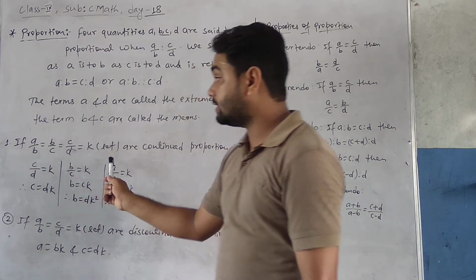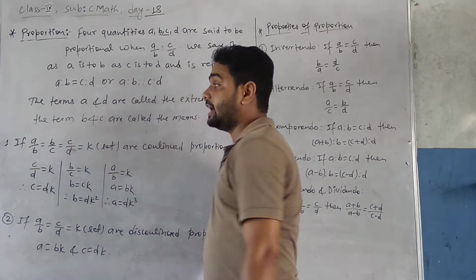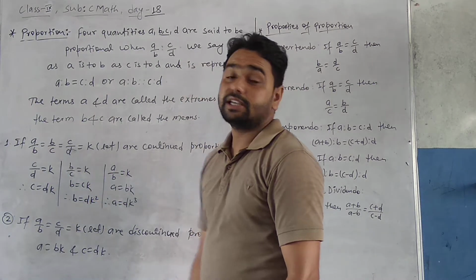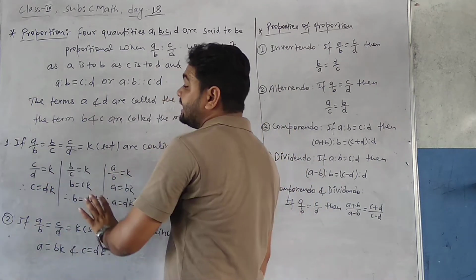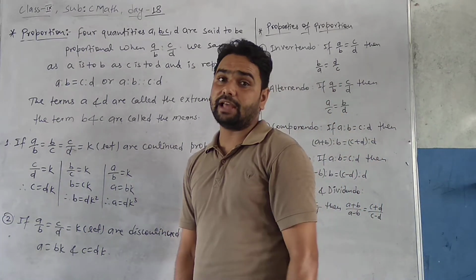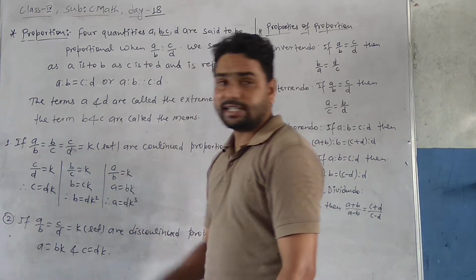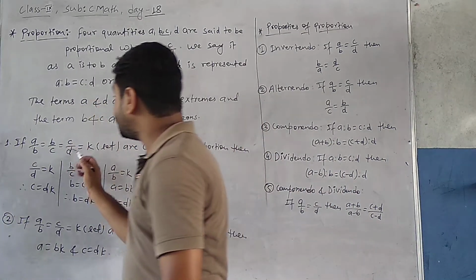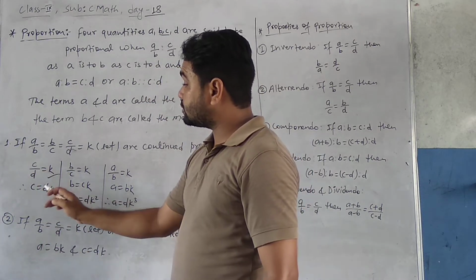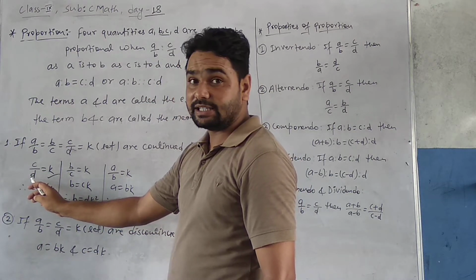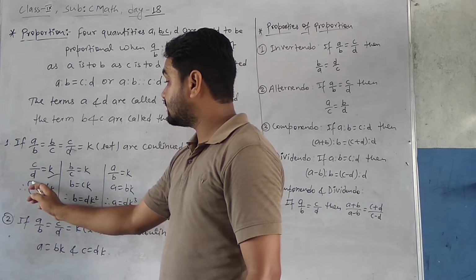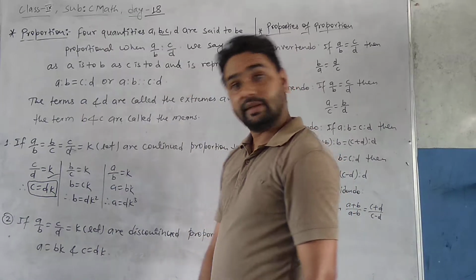How do we find the values? If we find the values of A, B and C in terms of A, B and D, it is a bit difficult to simplify. That's why, since it is continuous, we write C upon D equals K. Then C equals DK, taking D to the other side and multiplying.